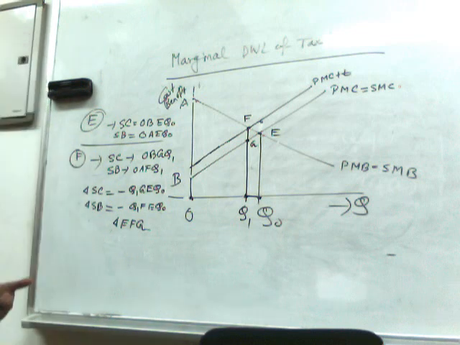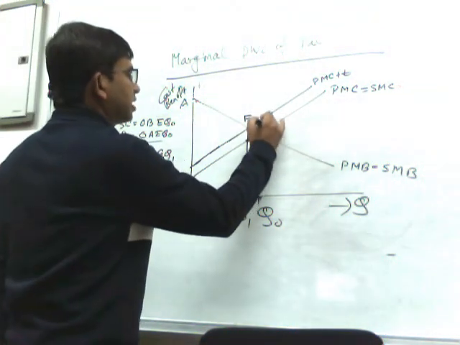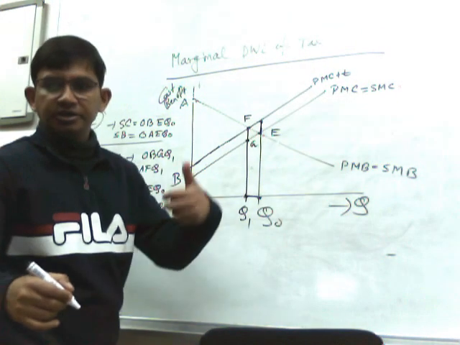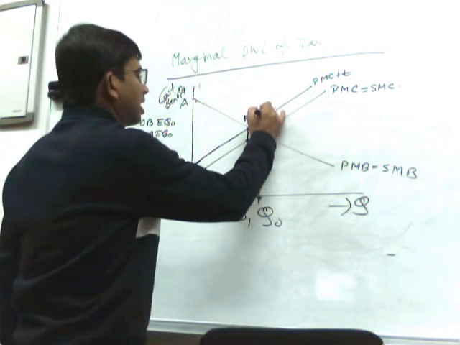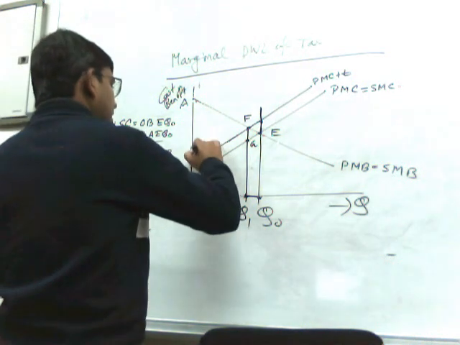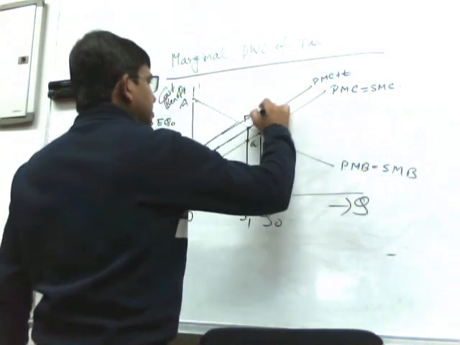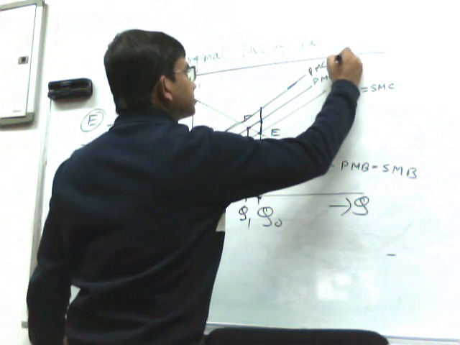So now if we want to compare it with the marginal deadweight loss, we have to think that there is a further increase in tax per unit T. So there will be another equal parallel shift of the PMC curve, so it is the supply curve. This is PMC plus 2T.